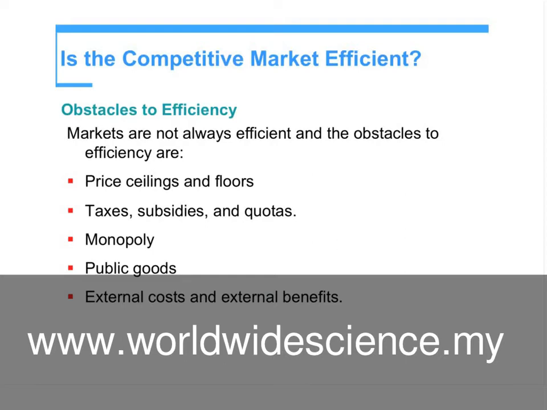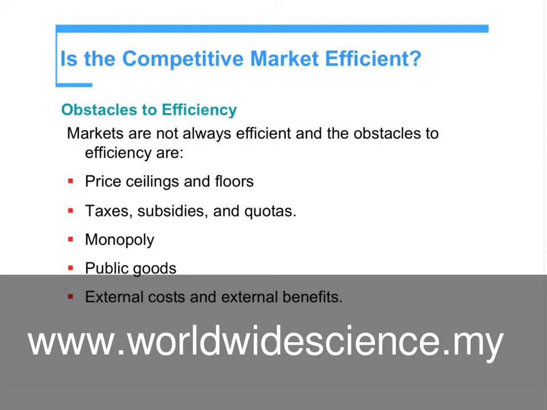External costs and external benefits are those other than the costs and benefits that you directly get from the product. All these will be the obstacles to having an efficient market. Because of that, we will have underproduction and overproduction.